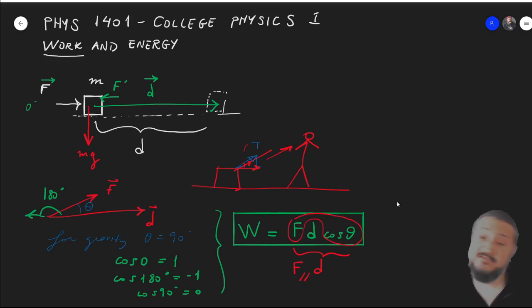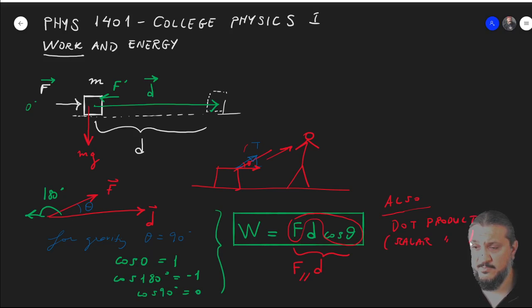This is just a parallel symbol. Actually, there's another way to do it. Since you know vectors and you know unit vectors, there is this thing called the dot product. Dot product of two vectors, or scalar product.